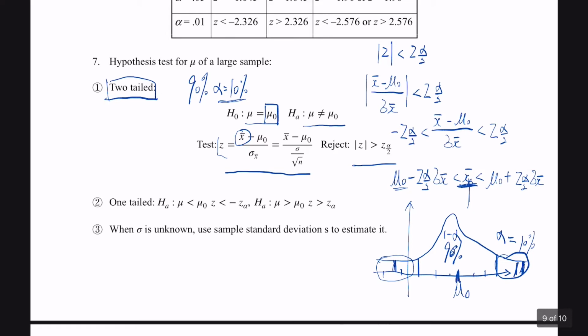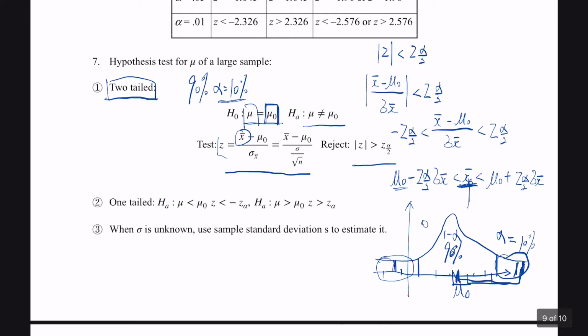The confidence interval is where we construct the interval here. The hypothesis test is the reverse. And one more thing is that the hypothesis test will assign a hypothetical value to the population mean, so that we will know all the detail about this distribution here.